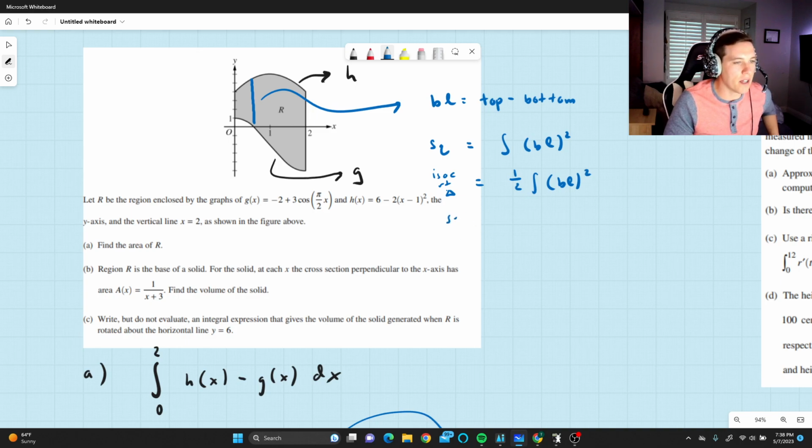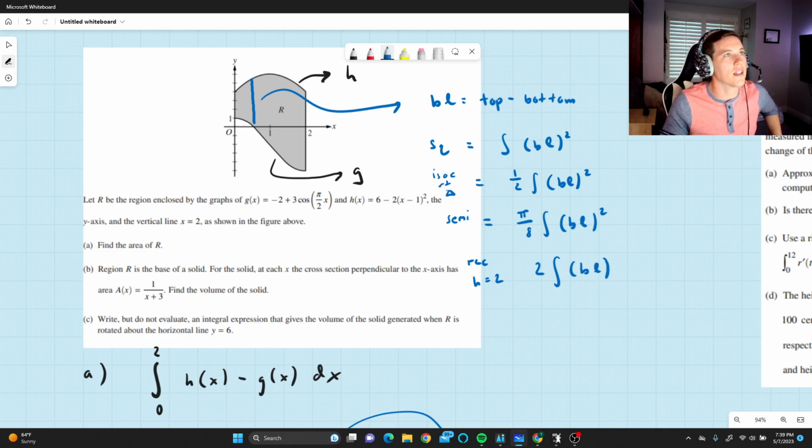If it's a semicircle, it is pi over 8 accumulation of the base length squared. If it's a rectangle with like height equal to 2, that's 2 accumulation of the base length. No squared, because the area is the height times the base length.